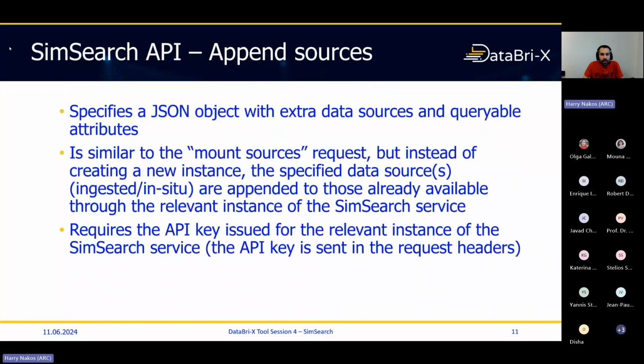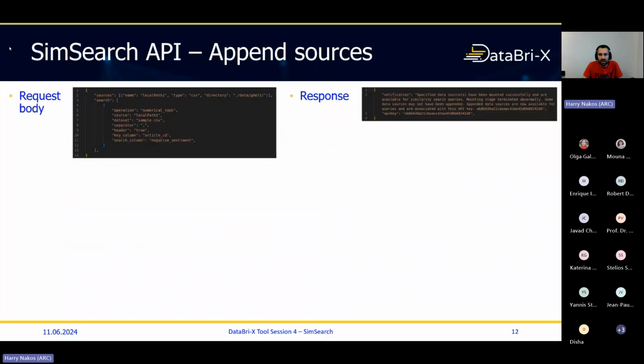Then the next one is append sources. This API call is very close to the first call that we described, which makes sense. The first call establishes anything that can be queried, and this call establishes extra things that can be queried using the same API key, which is also needed in order to use this API function.